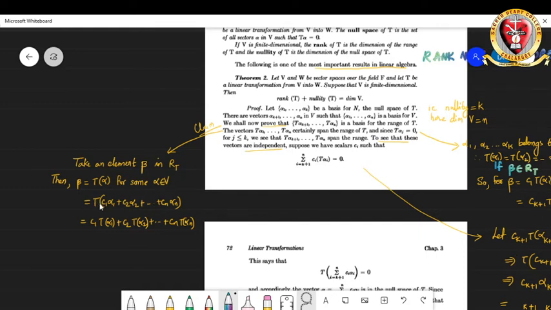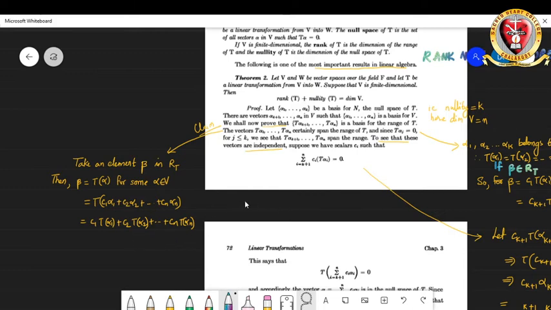So alpha can be written as a linear combination of the basis elements. Suppose alpha is equal to C1 alpha 1 plus C2 alpha 2 plus etc. plus Cn alpha n. Then T of alpha is equal to C1 into T of alpha 1 plus C2 into T of alpha 2 plus etc. plus Cn into T of alpha n.